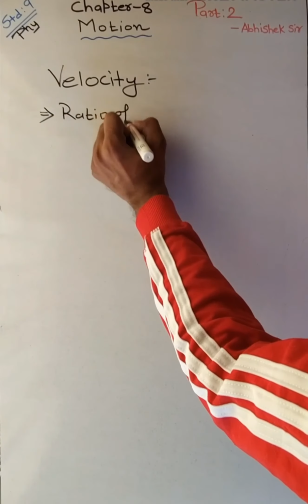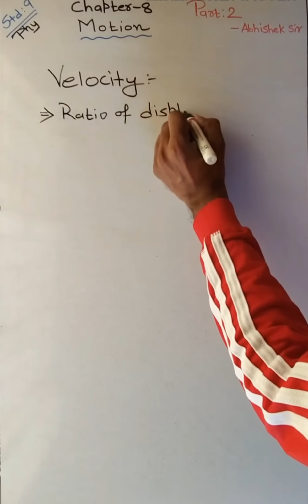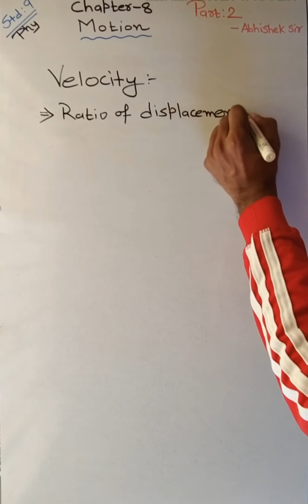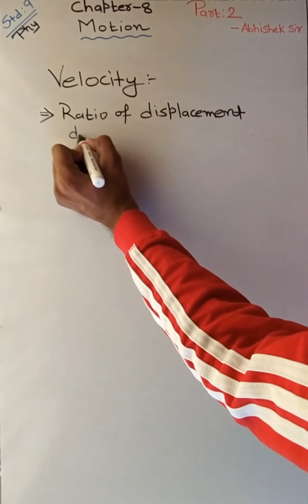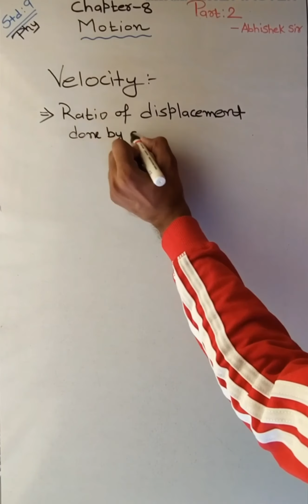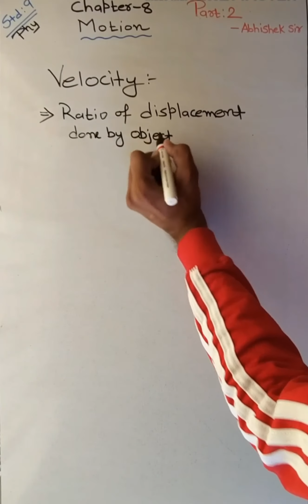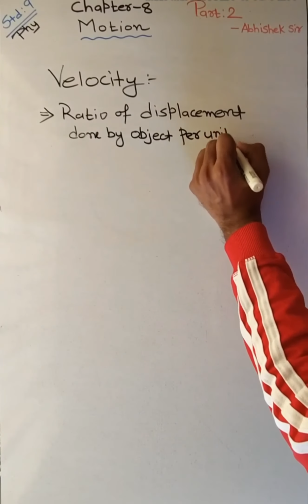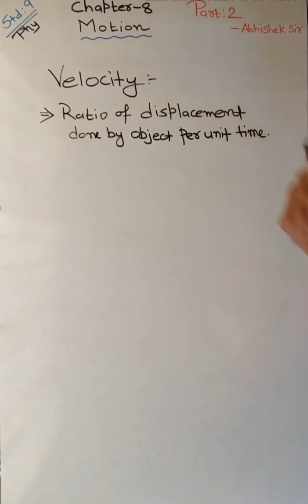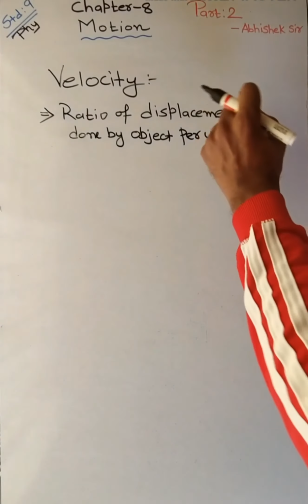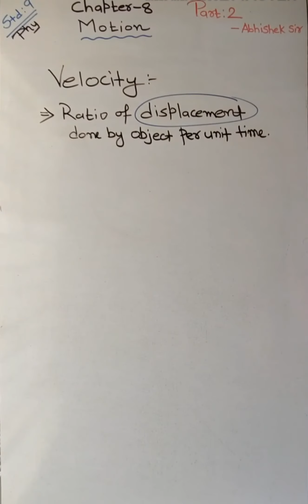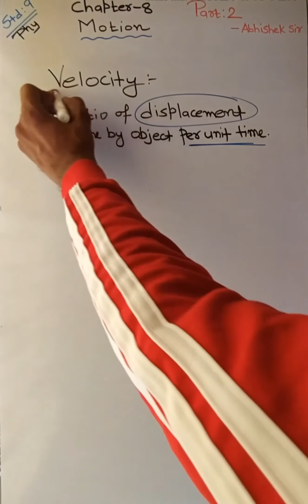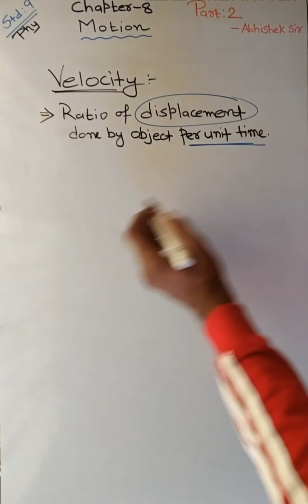It is the ratio of displacement done by the object per unit time, right? So here only one word is changed, and that is displacement. As in speed, per unit time was also there. Whenever we use rate, that is per unit time, but here in velocity we have displacement per unit time.